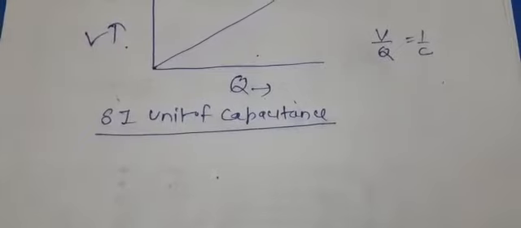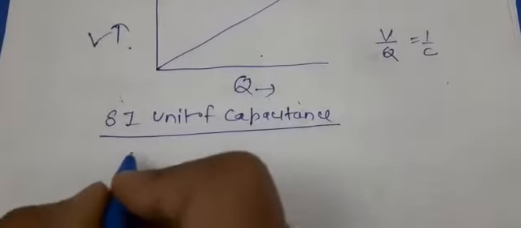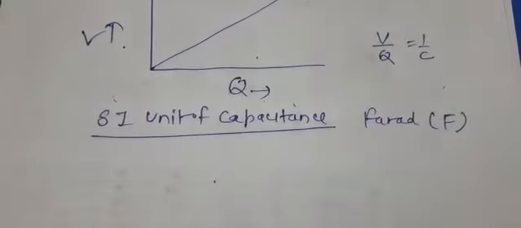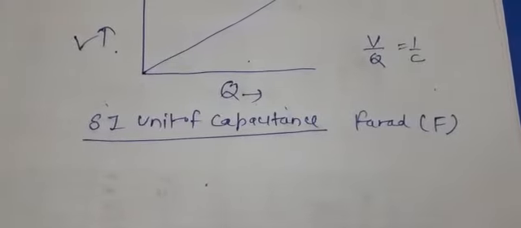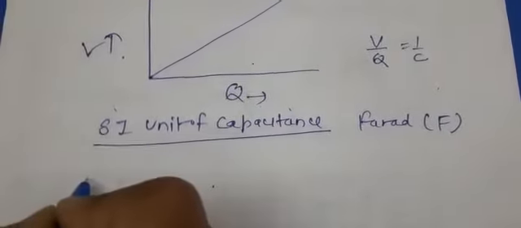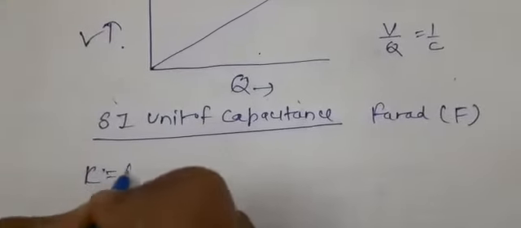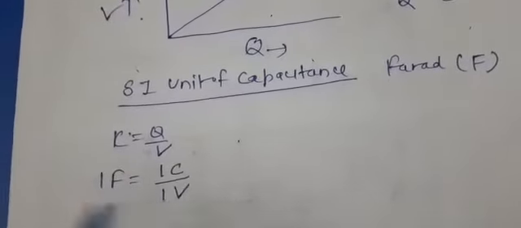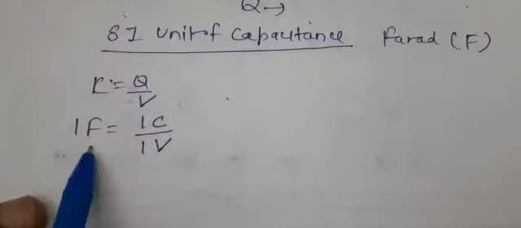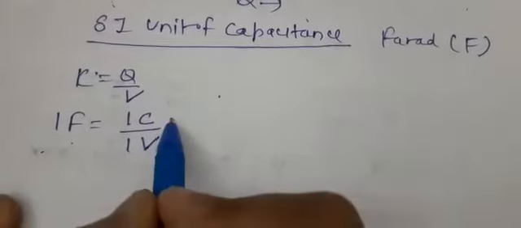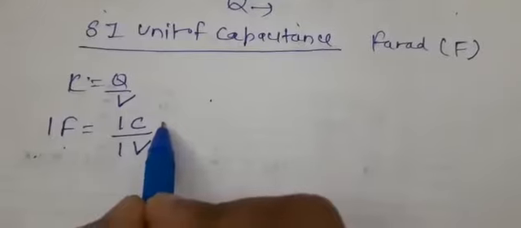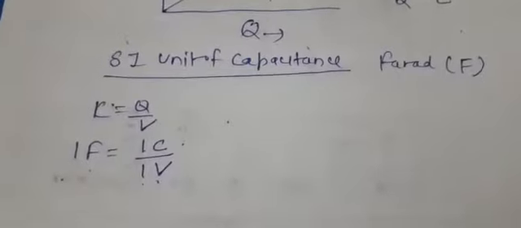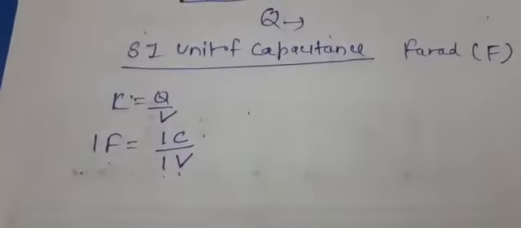The SI unit of capacitance is the farad, named after Faraday. The capacity of a conductor is said to be 1 farad, as C is equal to Q upon V, if a charge of 1 coulomb given to it increases its potential by 1 volt. So this is the SI unit of capacitance.